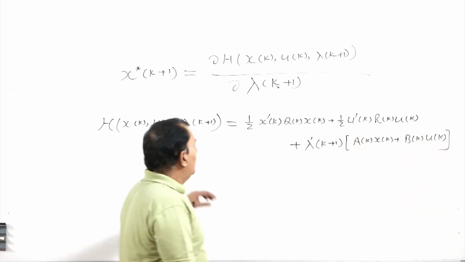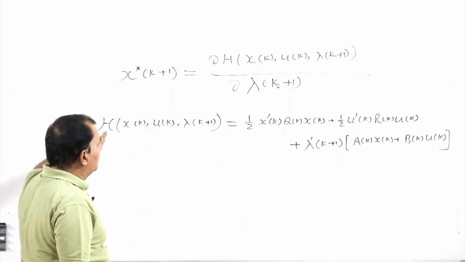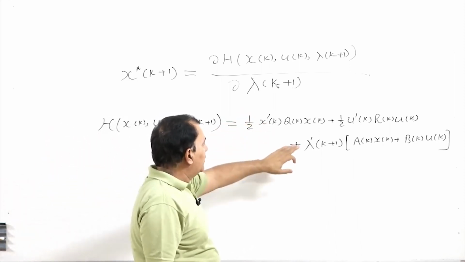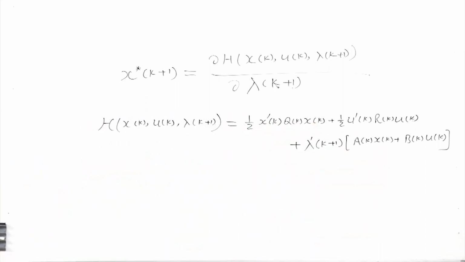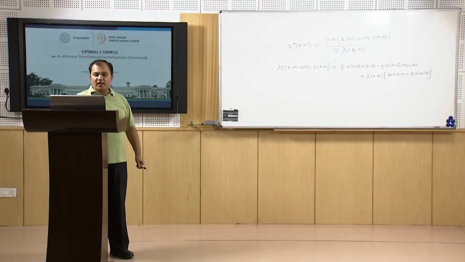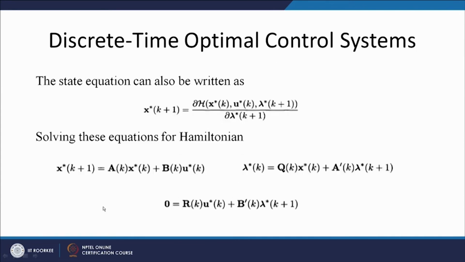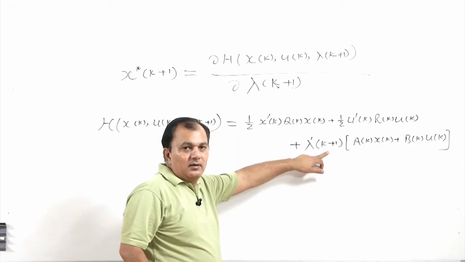Now I can directly take the differential of this H with respect to x k, with respect to lambda prime k plus 1, and with respect to u k. So all my equations, with the given Hamiltonian H, I can directly write: del H by del u equal to 0, del H by del x to get my co-state, and del H by del lambda k plus 1, because this is defined as lambda k plus 1, a direct differential.